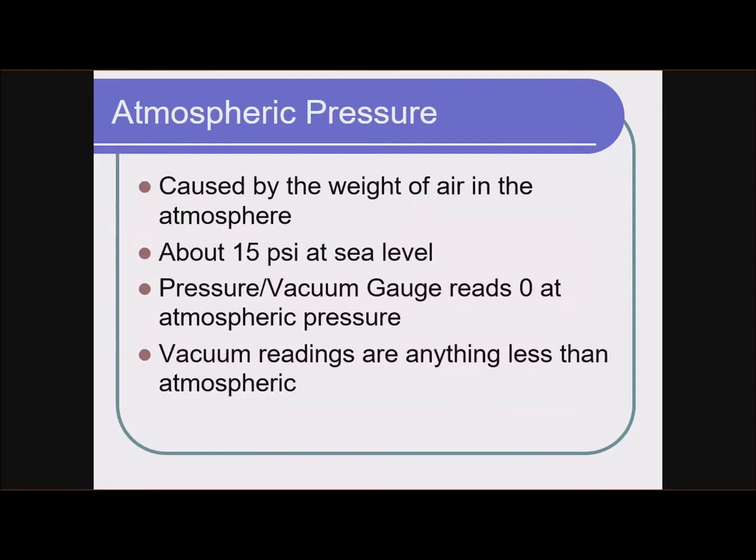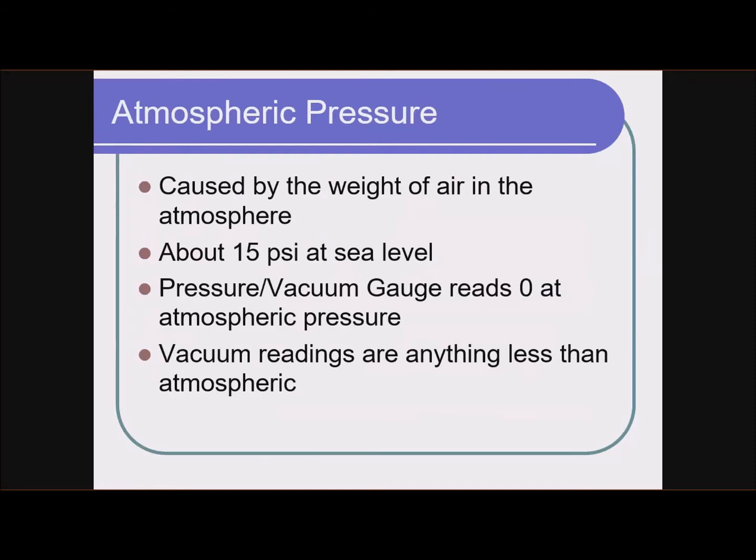But for most, I think, we're talking naturally aspirated, which means atmospheric pressure. What causes atmospheric pressure is actually the weight of the air above you. If you're standing at sea level, the entire atmosphere is above you and pushing down on you. At sea level, it's about 15 psi.